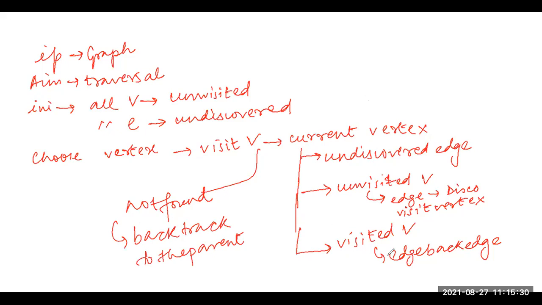And this process I go on repeating until I backtrack and reach the starting vertex. Once I reach the starting vertex, I stop. Right? So this was the concept about BFS and DFS.